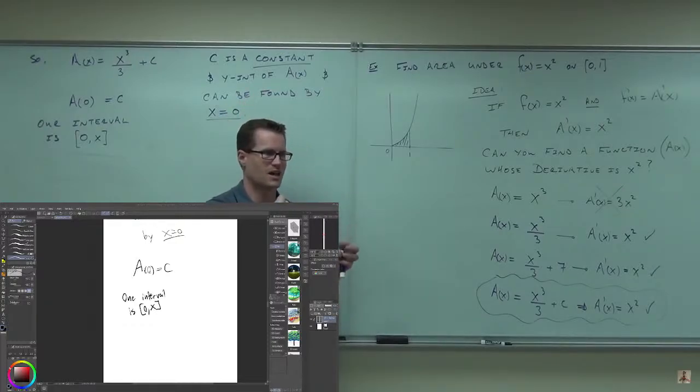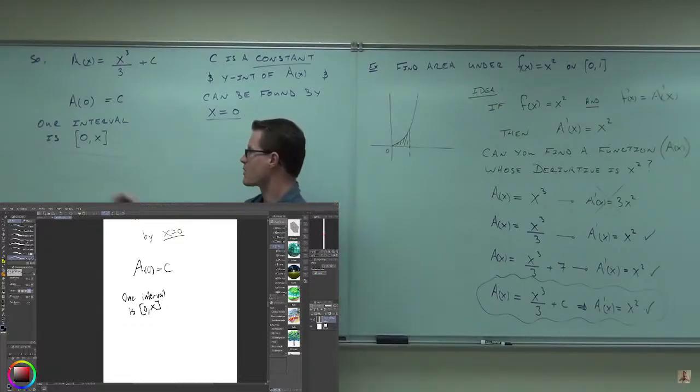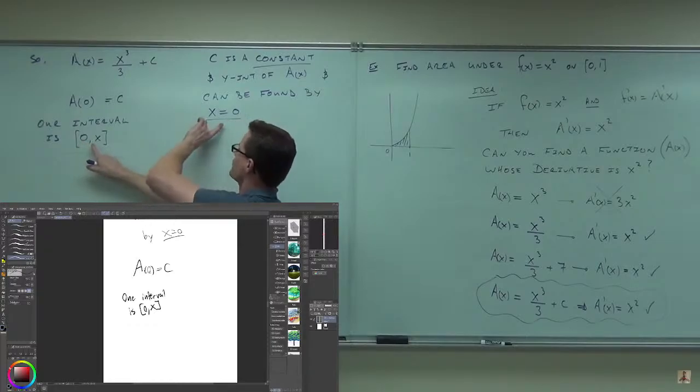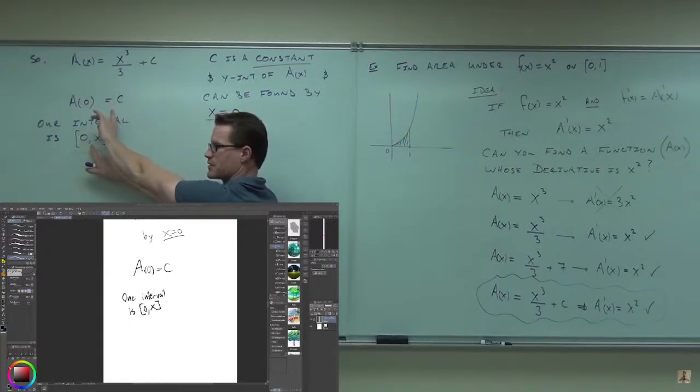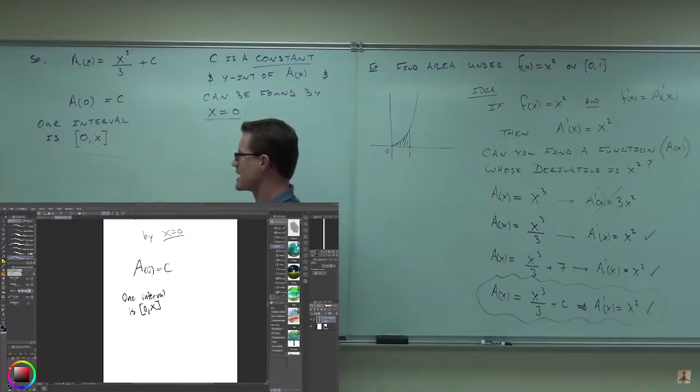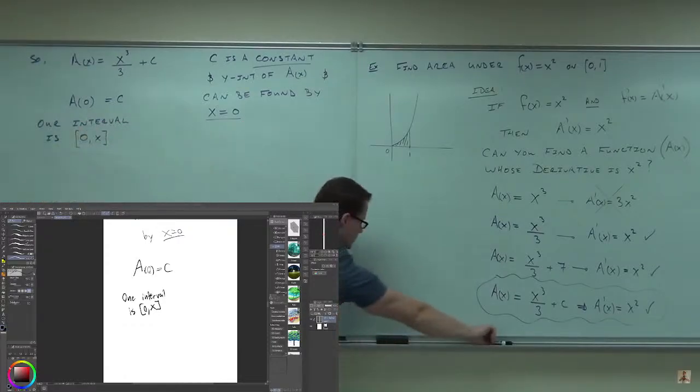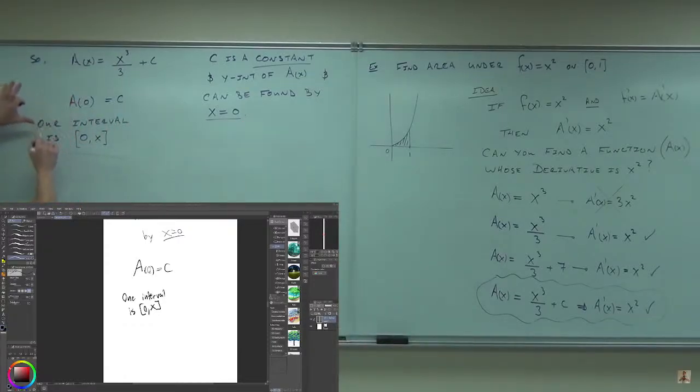So I know this is kind of awkward to think about, the area of a single point, but that's what you're doing here. You're saying, all right, I plugged in x equals 0. That's how I got this. That's 0. So this is basically the area of a single point. When you set x equals 0, your interval is from 0 to 0.